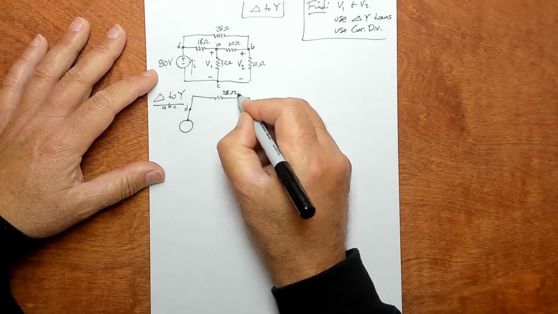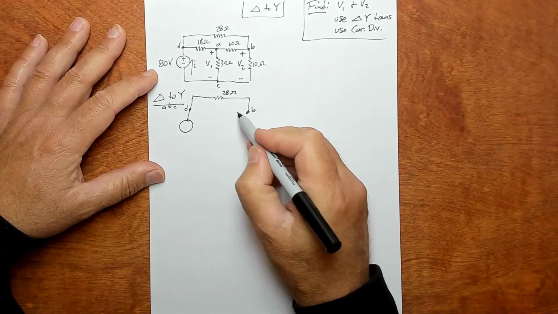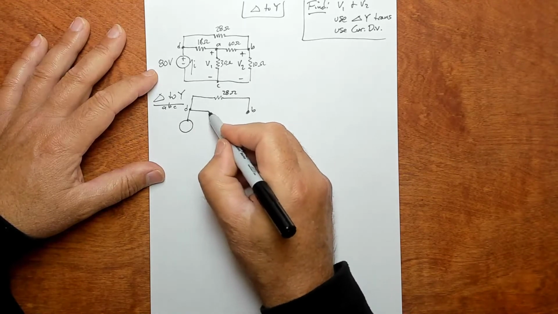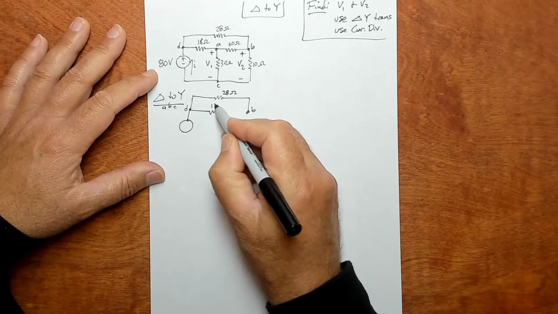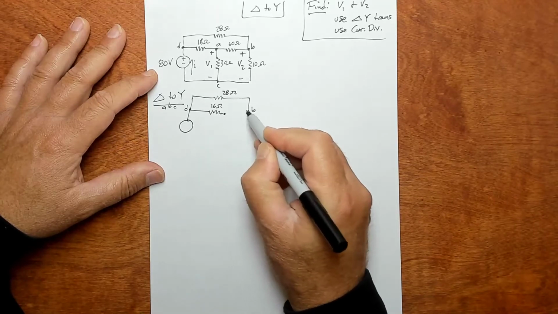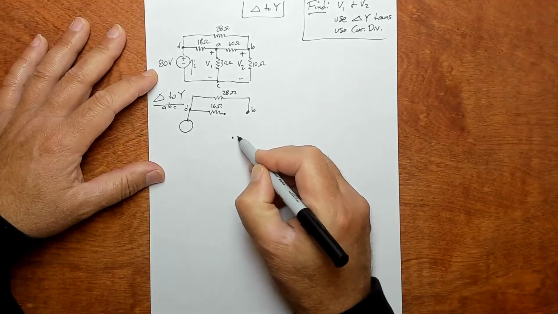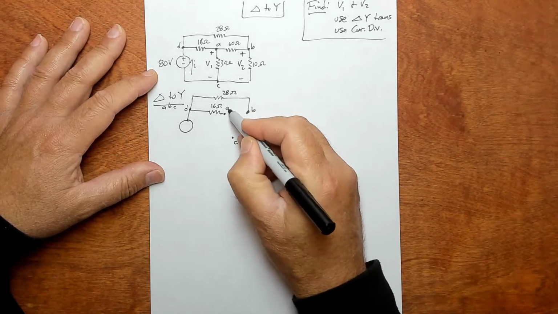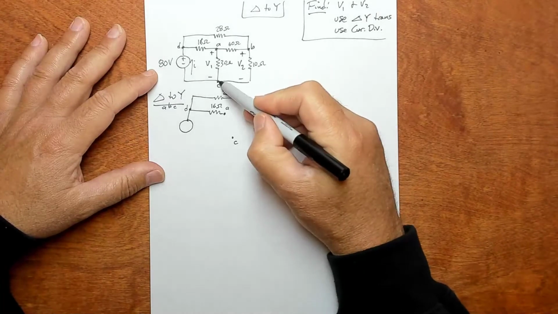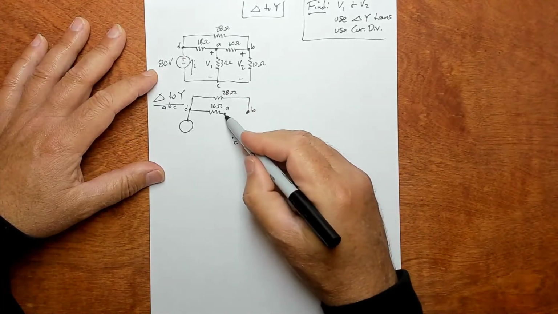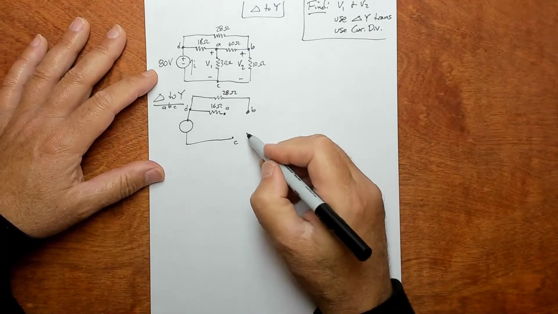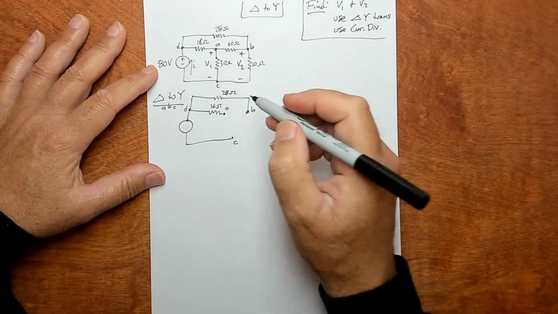This is 28 ohms up here, and I'm going to scrunch, let's see, the 16 ohms there. So here's A, B, and I'm going to move the C node down here so it looks a little bit more delta-like. Okay, the A, B, C delta, I'm going to draw it so that it's a little bit more looking like a triangle. I just sort of scooched over the C node a little bit.